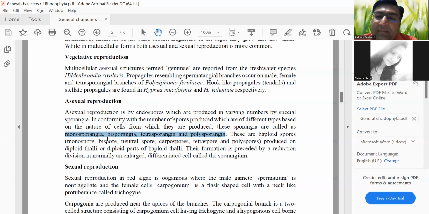All these are haploid spores, and they are produced on diploid thalli after meiosis and on haploid thalli after mitosis. If they are formed on diploid thalli, they will always form after meiosis. If they are formed on haploid thalli, meaning on the gametophytic plant, these spores are formed after mitosis because all these spores are haploid in nature.